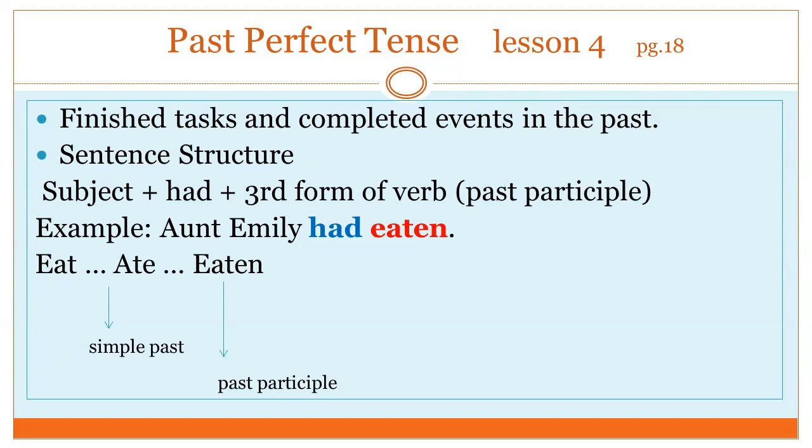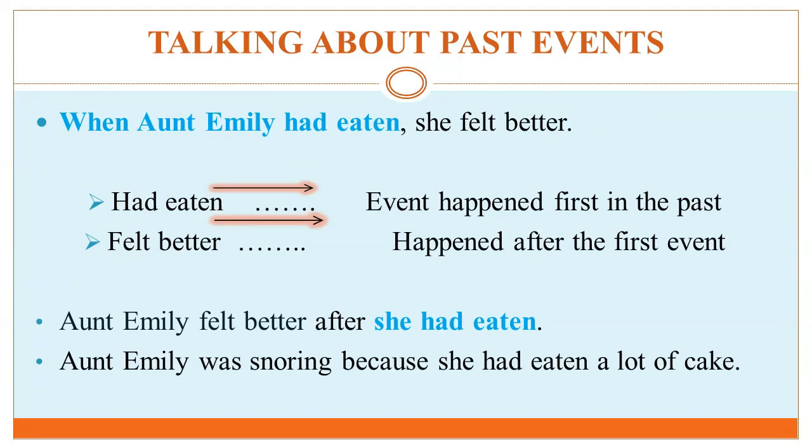The combination of had and third form of verb is mainly past perfect tense. Next idea, talking about past events. When do we speak about past perfect tense, we are talking about events that happened in the past. But what happens when we talk about two events that happened in the past?